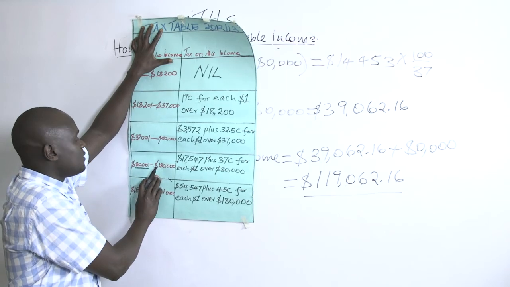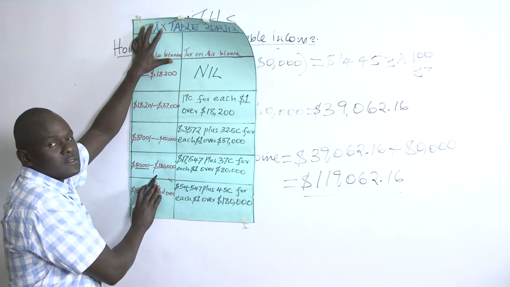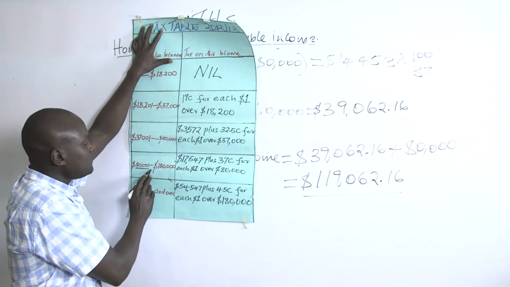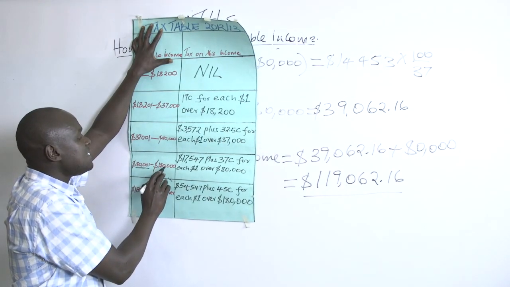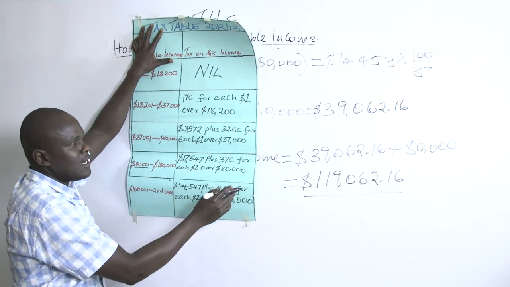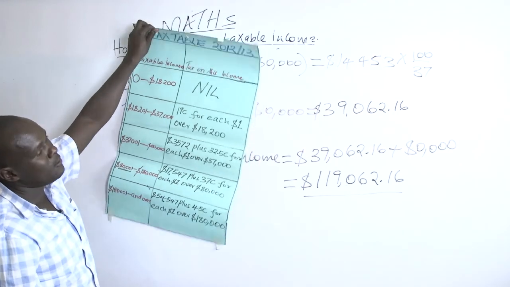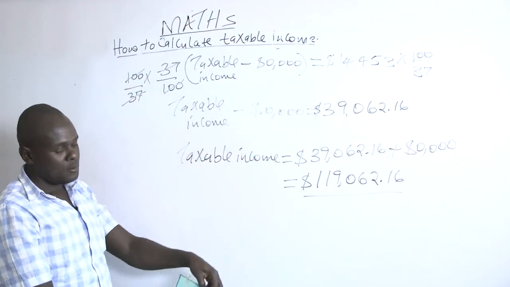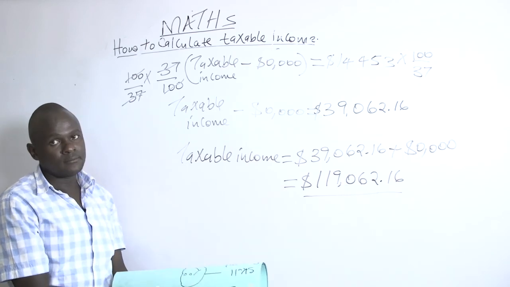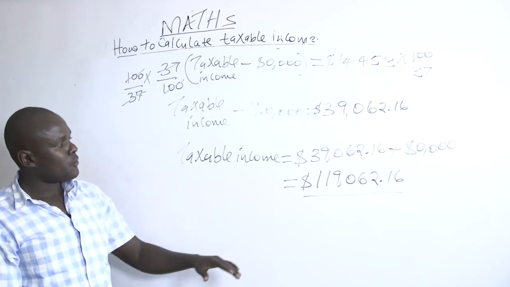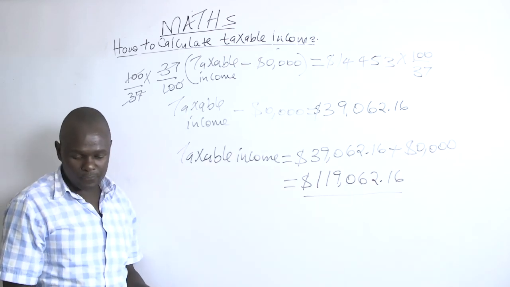When you look at the fourth bracket, we are told that the taxable income should fall within a range of 80,001 and 180,000. So 119 is within that particular range. So we used the correct tax bracket. So this is the amount we were looking for.